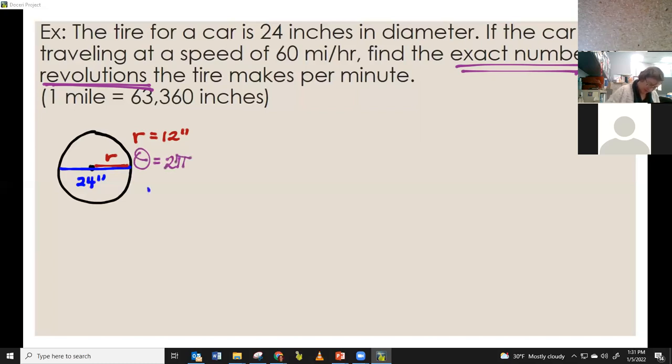So if I'm thinking about that arc length formula that we were just looking at, that means S, the arc here, would be 12 inches times 2 pi. So S would be 24 pi inches. That is 1 full rotation in inches.